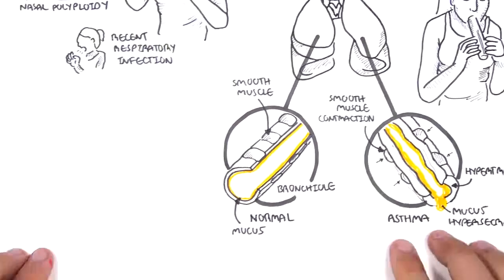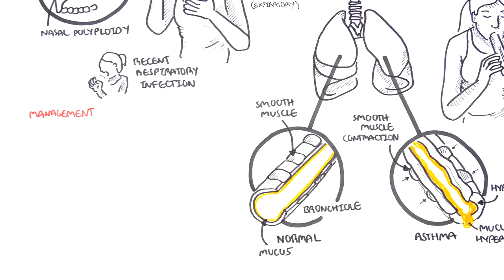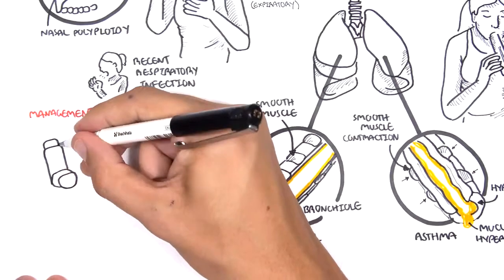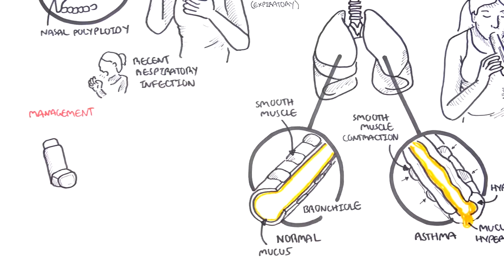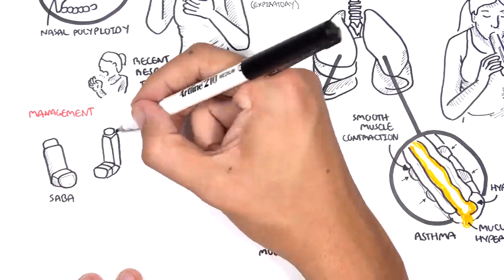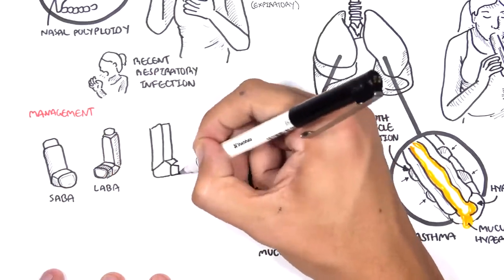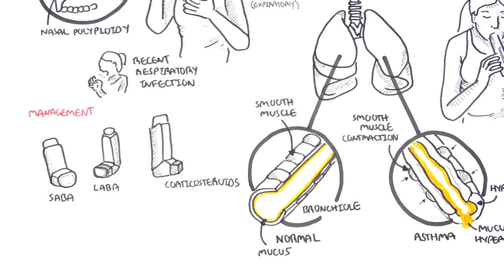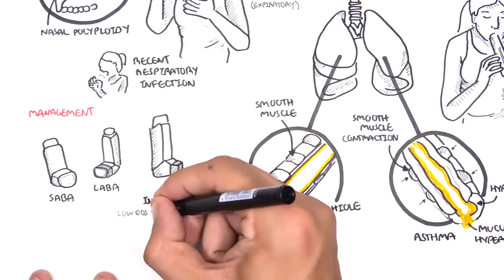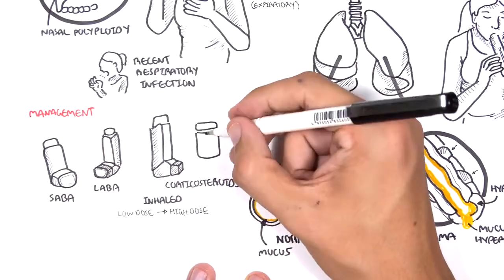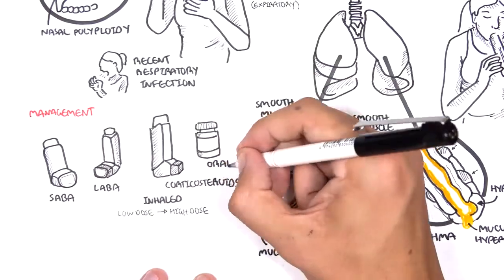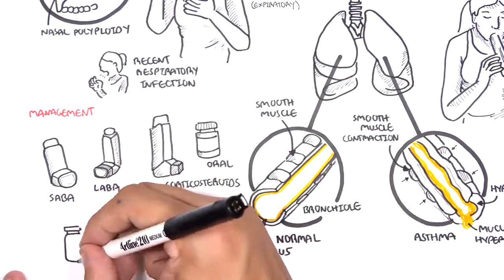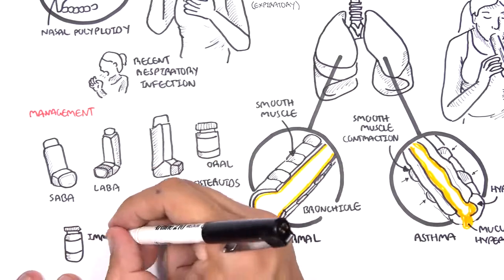When asthma is diagnosed, proper education and management is required. Management includes developing an asthma action plan for patients. Medications include short-acting beta agonists, long-acting beta agonists, LABA, and inhaled corticosteroids, starting with low dose and then moving to higher dose if severity increases, and then oral corticosteroids can also be used in severe cases.